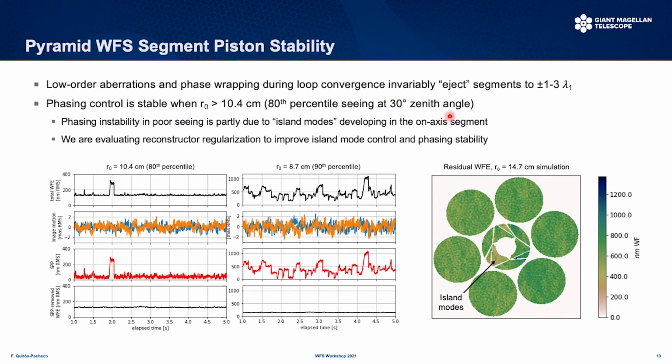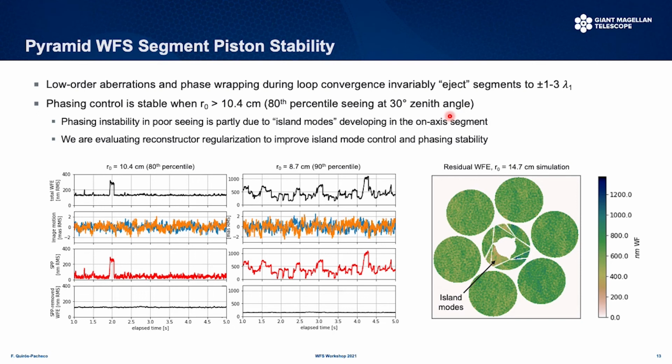That is below 1 arcsecond seeing, which corresponds to a Fried parameter of 10.4 centimeters. In worse seeing conditions than that, the pyramid wavefront sensor can no longer stabilize segment piston.